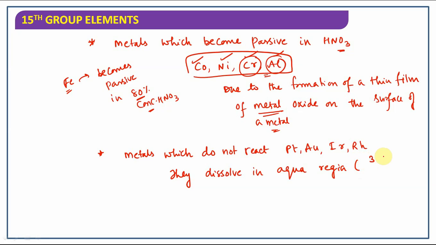Aqua regia is nothing but 3:1 of HCl and HNO3, meaning 3 parts of HCl and 1 part of nitric acid. Right? They dissolve in the aqua regia, which gives nascent chlorine. Hope you understand.